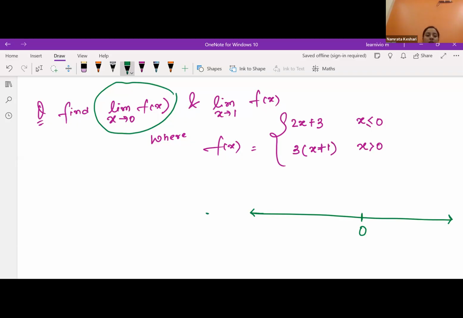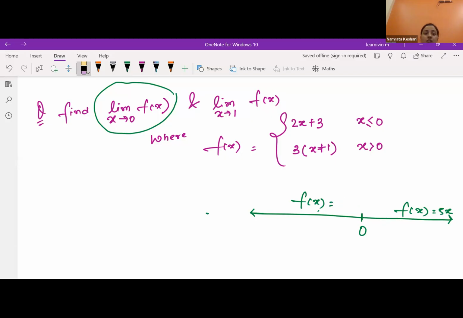That means towards the left of 0 the function was 5x, and towards the right of 0 the function was still 5x. That's why we were not checking what the value will be here or there. But in this situation we will be checking.